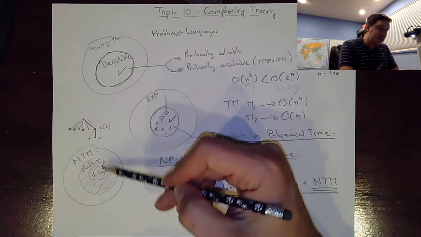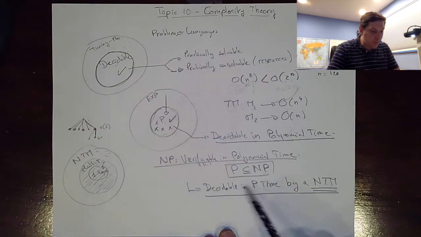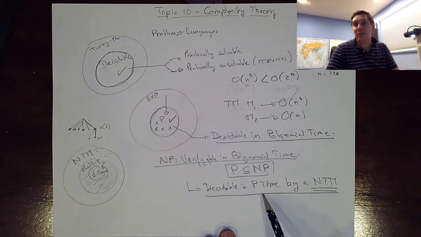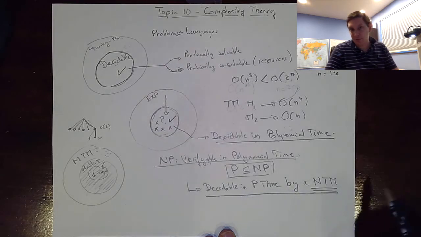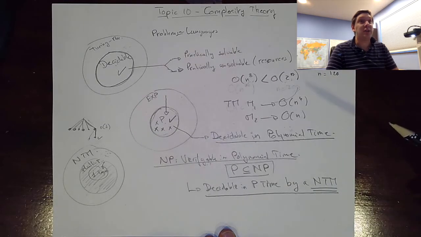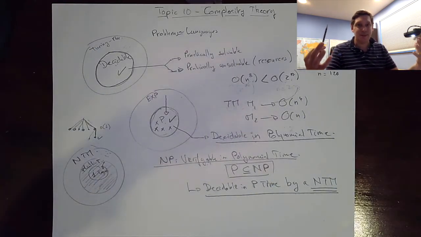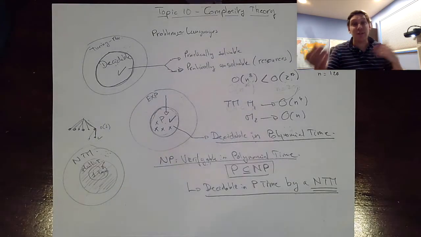So yes, it changes everything to be here or here. And that's why when we say decidable in polynomial time by a non-deterministic Turing machine, we are actually not saying much in some sense. I mean, we are saying much, but it's a much larger set of problems in some sense. Yes and no. Actually, that's what we don't know.